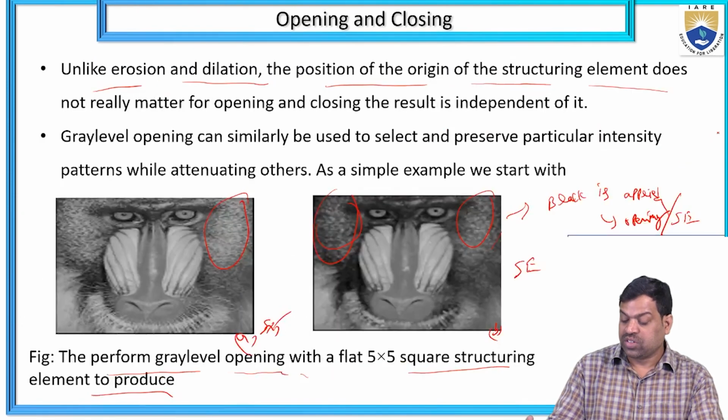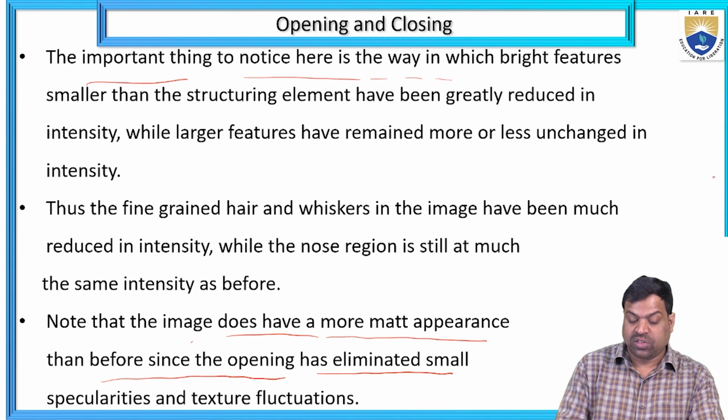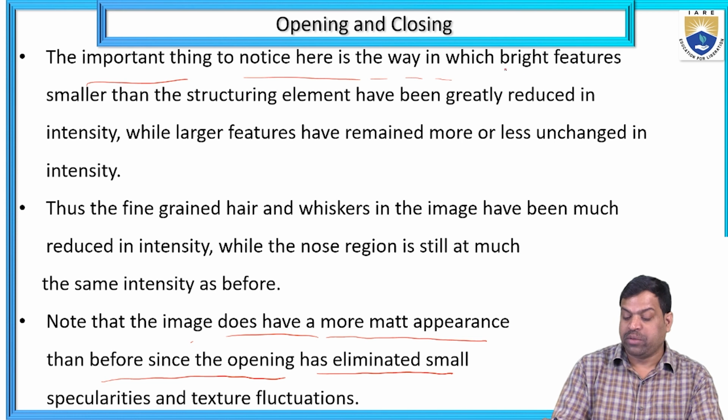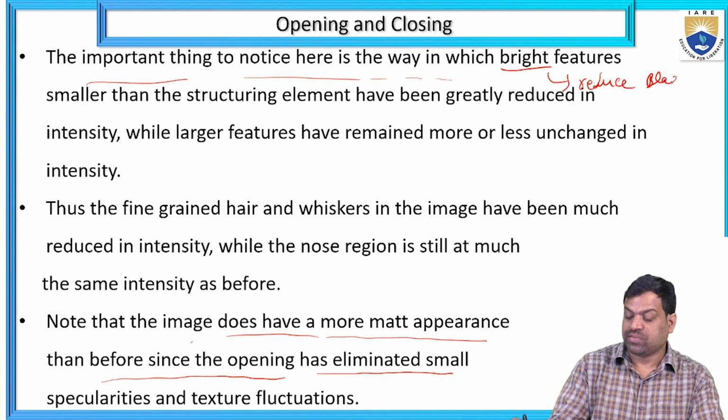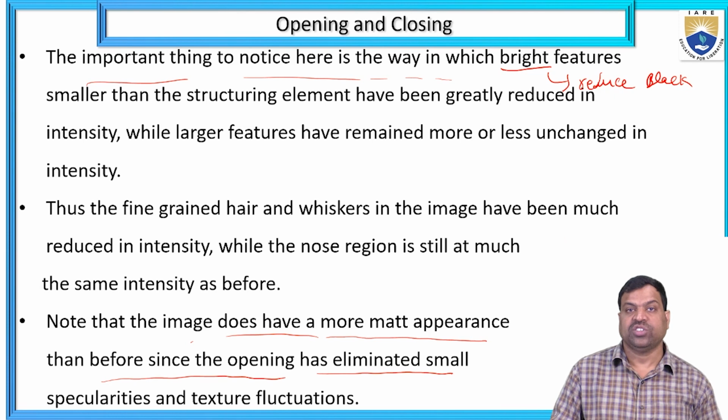That means closing. Here black is applied, that was the opening. So what does closing mean? That is the closing with the structuring element. The important thing is that the bright features, by bright we mean we have to reduce the black, smaller than the structuring element have been greatly reduced in intensity, while larger features have remained more or less unchanged in intensity.